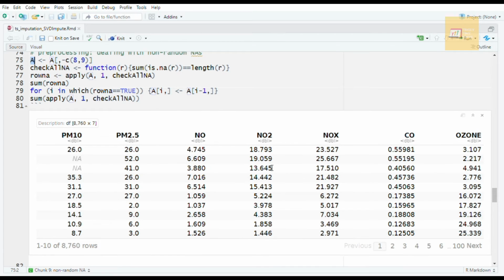We can see that we don't have any column with all missing values, because if that were the case, we would see a column of all NAs right from the first page. Here are the first 10 rows of the matrix, and other than these two NAs, we have all the data. So that requirement is fulfilled. Now our matrix is ready for imputation.